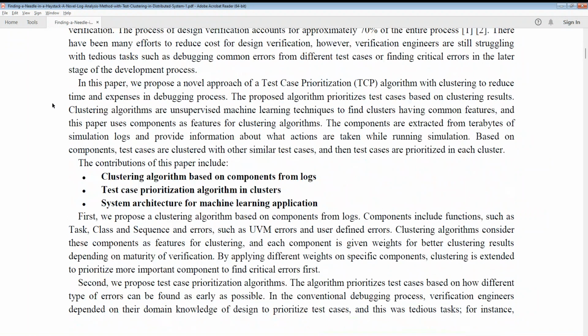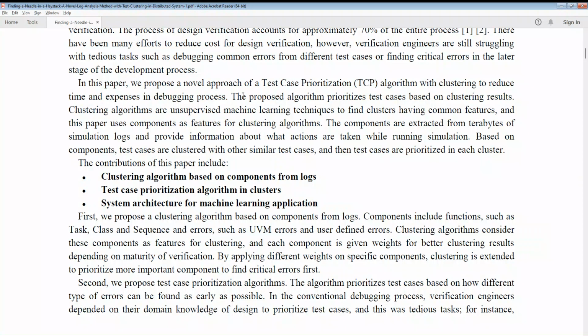In this paper, we propose a novel approach of a test case prioritization (TCP) algorithm with clustering to reduce time and expenses in the debugging process.